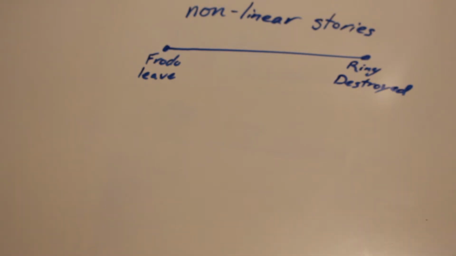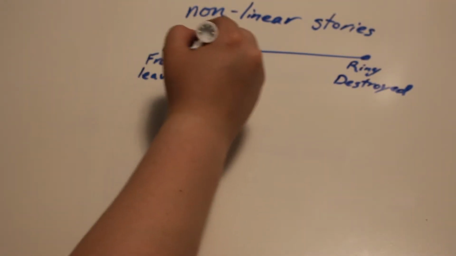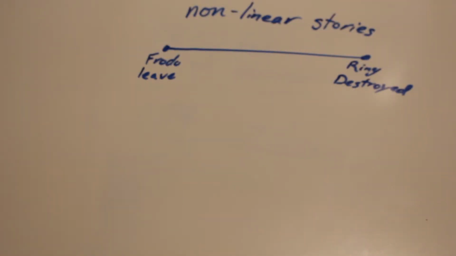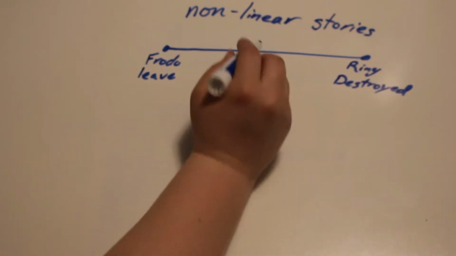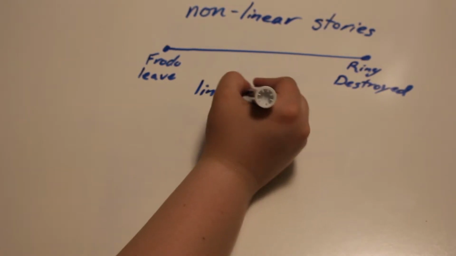Easy, simple timeline. You have event A, B, C, D, E, F, G, all the way to Z, which is where the ring is destroyed. And that's great for a linear story.